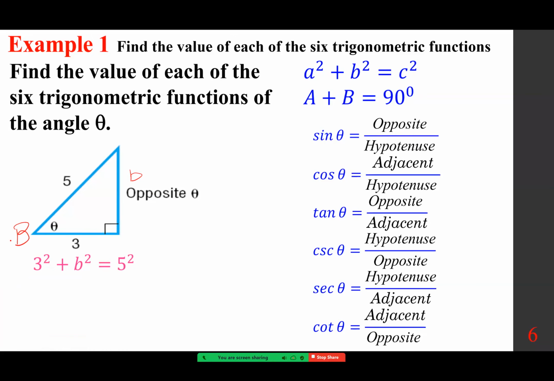And obviously, this is 9, this is 25, b squared is 16, and b is 4. Okay, b is simply 4.